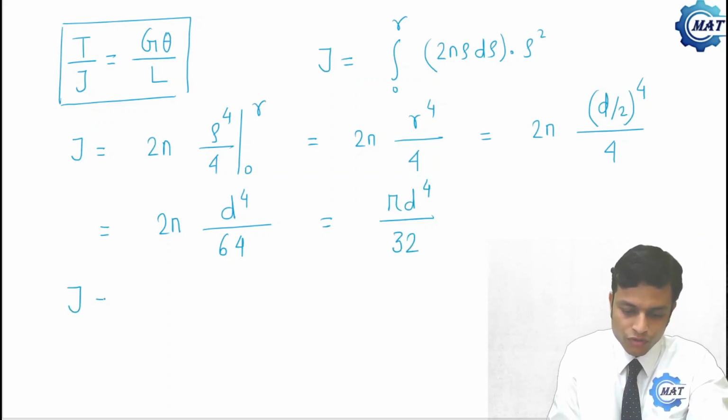So the polar moment of inertia of a solid shaft is pi d to the power 4 by 32.